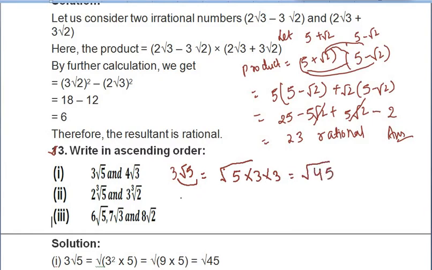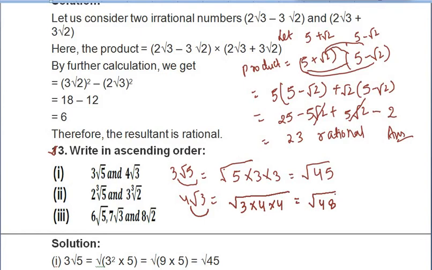And 4 under root 3 I can write as under root 3 into, this 4 will go inside, it will be 4 into 4. So here 3 sixteens are 48. So here you can see which one is greater.